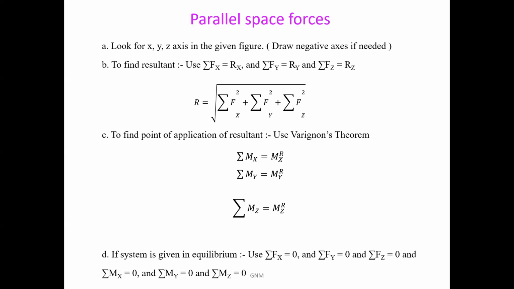If the given system is in equilibrium, then we can use 6 equations of equilibrium: summation Fx equals 0, summation Fy equals 0, summation Fz equals 0, and summation moment of all forces about any axis is equal to 0.